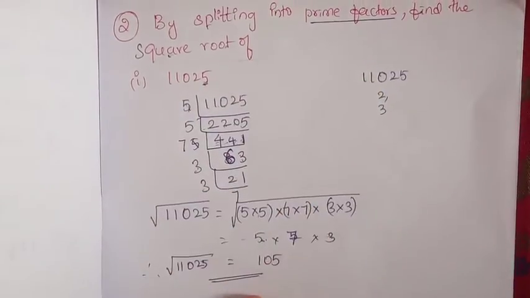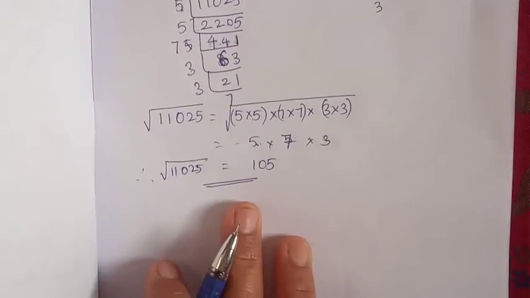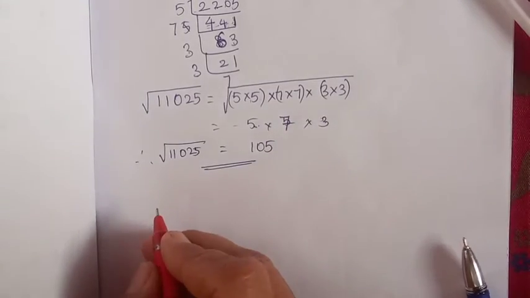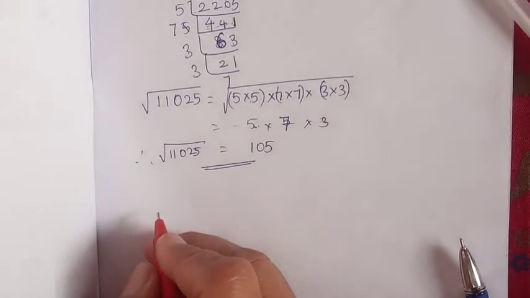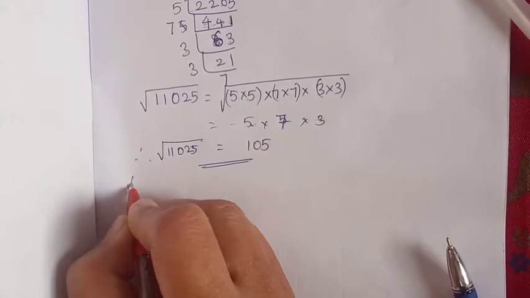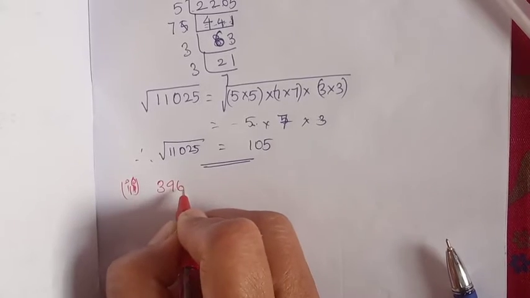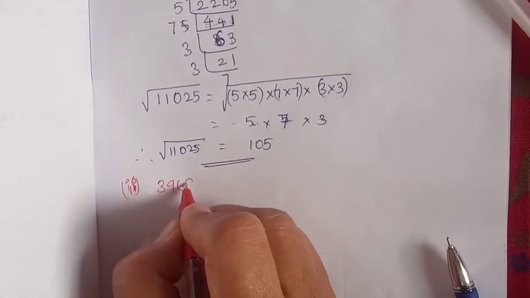Next we will try one more question from this bit. 3,96,900.